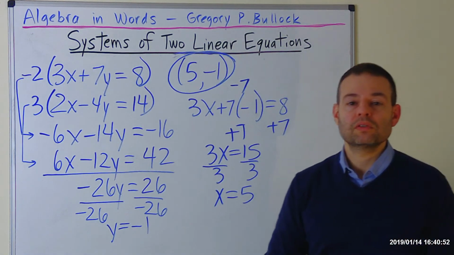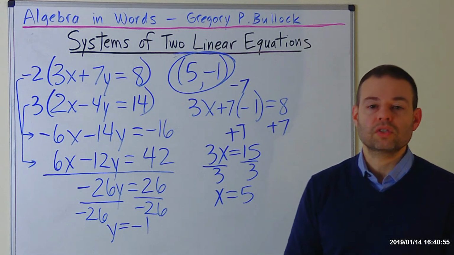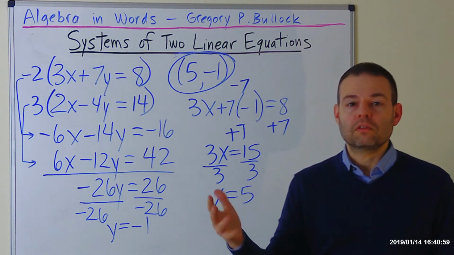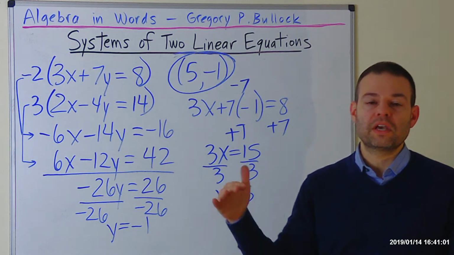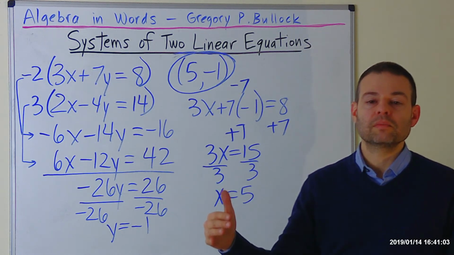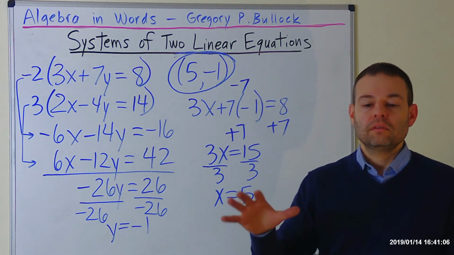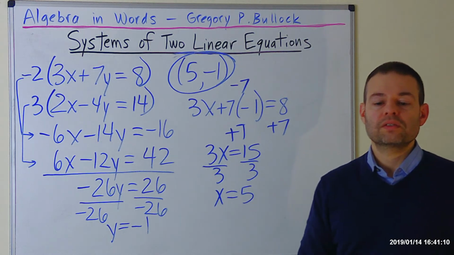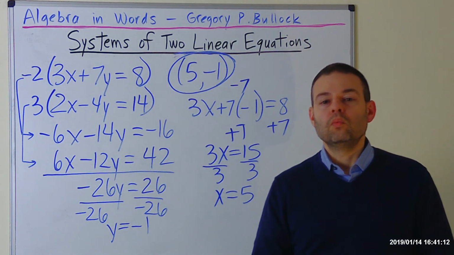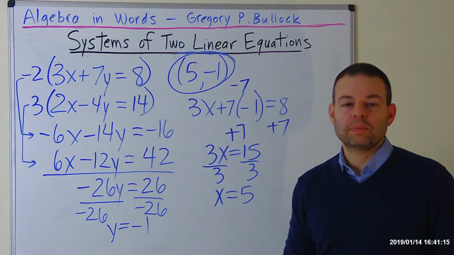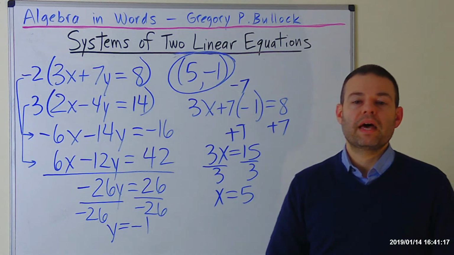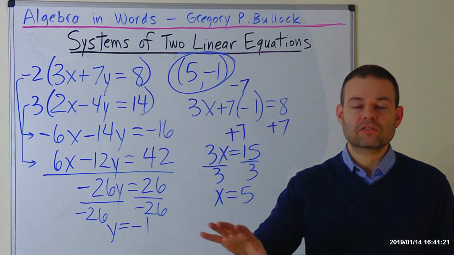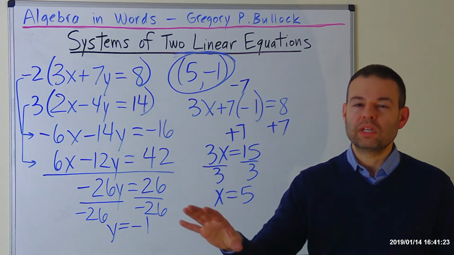So there we go. We just looked at 4 examples using the addition-elimination method. To summarize the method, you take the 2 equations, make sure they're both in standard form, and line up the like terms. Then you want to analyze the x's and the y's individually. And you want to say to yourself, what do you need to multiply by so that when you add the like terms, one of the sets of terms, either the x terms or the y terms, cancels? You don't really want both.